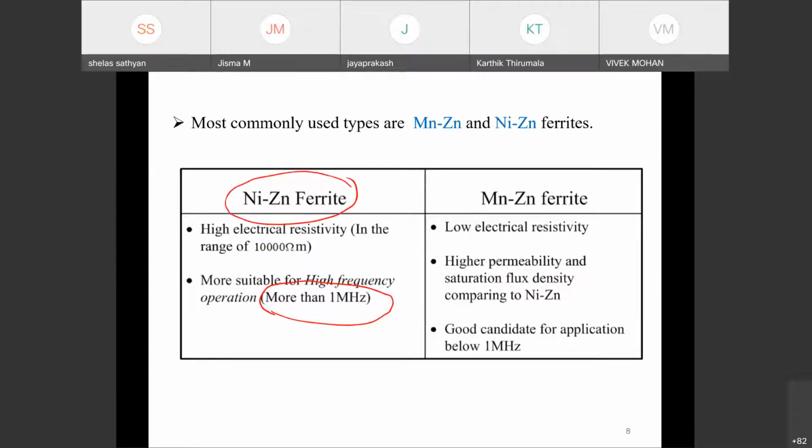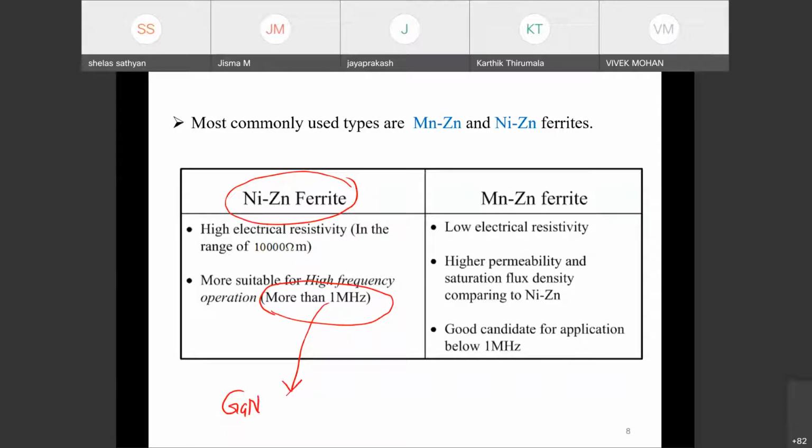And 10 years back, operating power converters or power supplies in the range of 1 megahertz was quite difficult, but now it is easily realizable because of the invention of gallium nitride based devices.